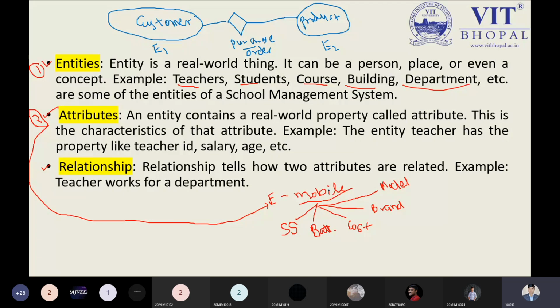For example, the entity teacher has some properties or attributes like teacher ID, salary, age, etc. These attributes cannot be treated as an entity. These are identified as properties of a particular entity.